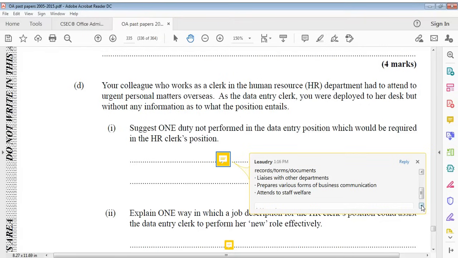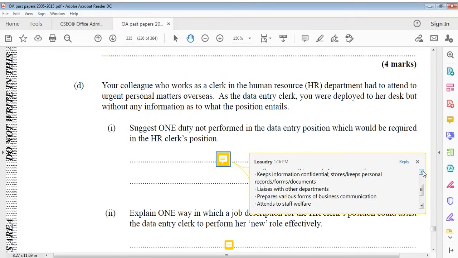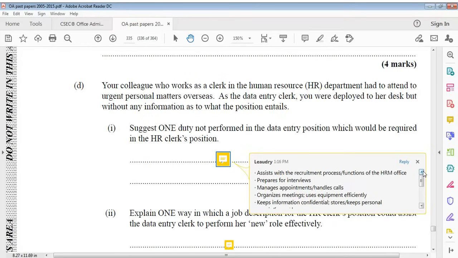So that is one duty that is not performed in the data entry position that would be required in the HR clerk's position. All right, so you could pause the video, take notes as usual, and list them.